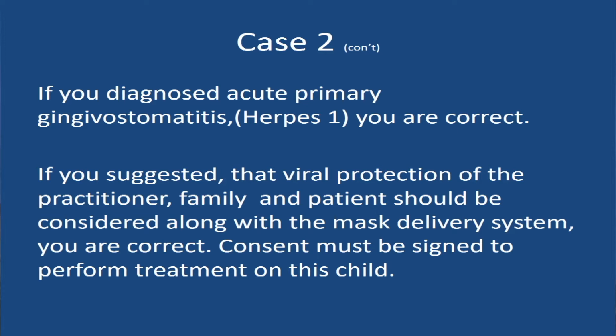So when you have this condition, provided that the patient is not in a great deal of pain or discomfort, and it seems to be only related to the lesions in the patient's mouth from the viral infection, then it may be wise to postpone this treatment, as you don't want to have an introduction of the viral particles into your respiratory system and the nitrous oxide, as well as expose the staff to the virus in the acute primary gingival stomatitis. So it's not a good idea to do that.